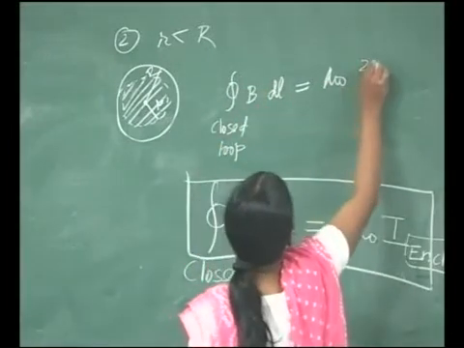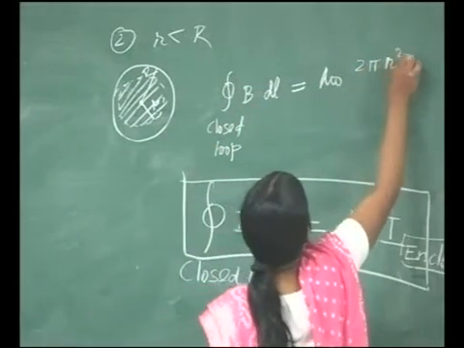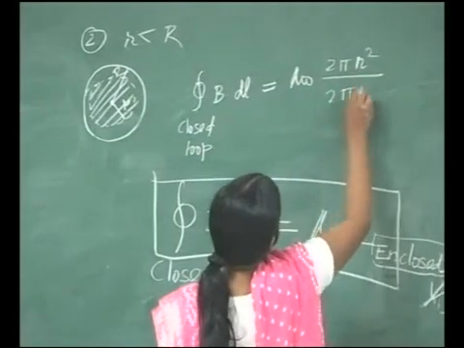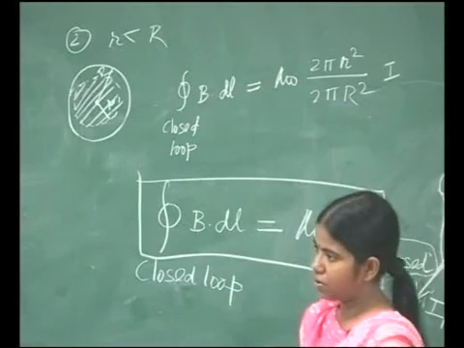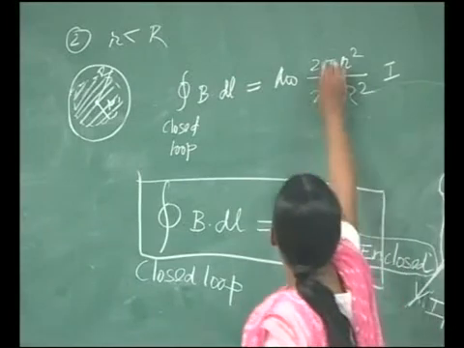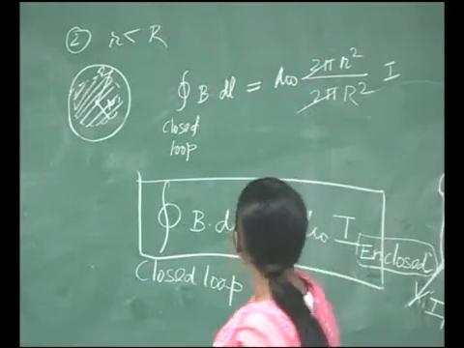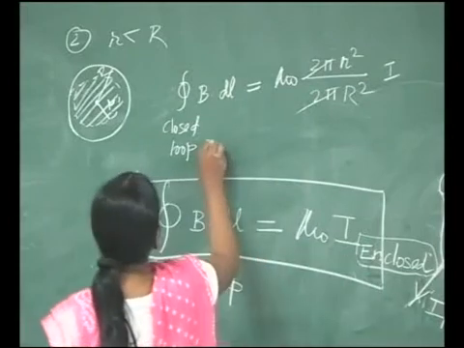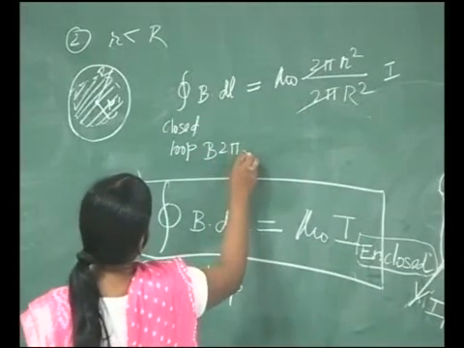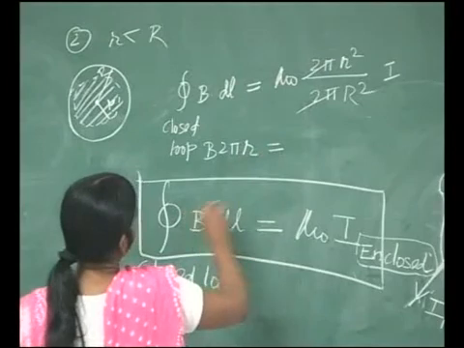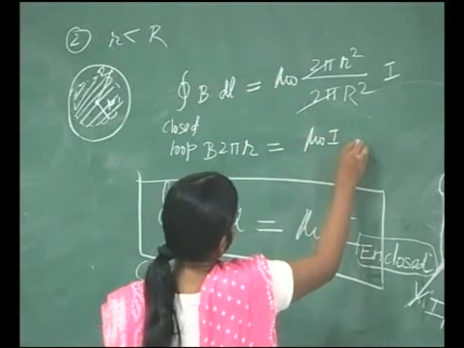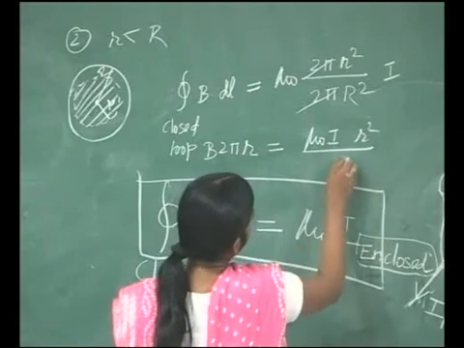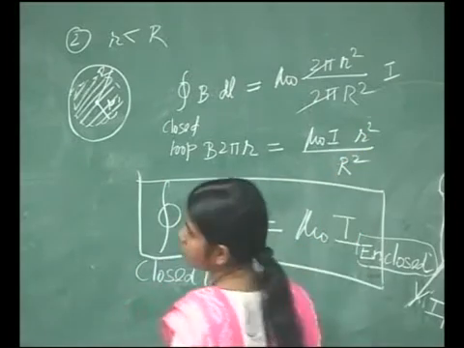So it is pi r square divided by pi capital R square, into I. This is the fraction of the area. So I cancel this, and what I get is B 2 pi r is equal to mu 0 I r square by capital R square.